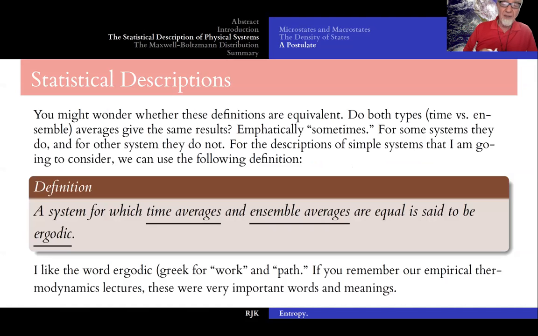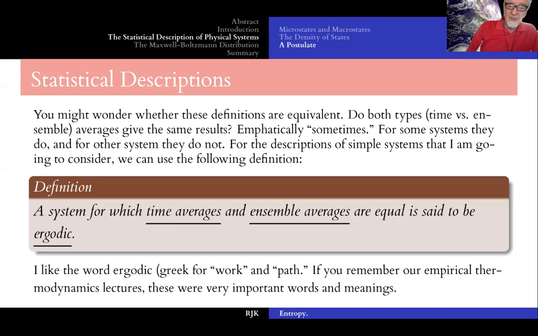So we talked about time averages and ensemble averages, and there then would have to be the question of, are these two definitions equivalent? The two types, time averages versus ensemble averages, they give you the same answer emphatically sometimes. Some systems they do, other systems they don't.